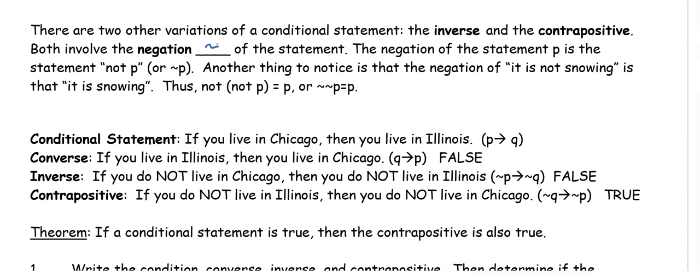The negation of P is not P, or we have tilde P. Another thing to notice though is that a negation of something that's already negative, so if it is not snowing, means that it is snowing. So negation here really means the opposite. We're not going to say it is not snowing, right? In English, those two words of the not cancel out, so we just say it is snowing.